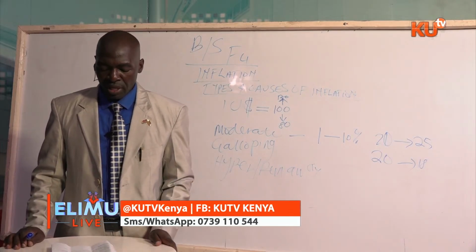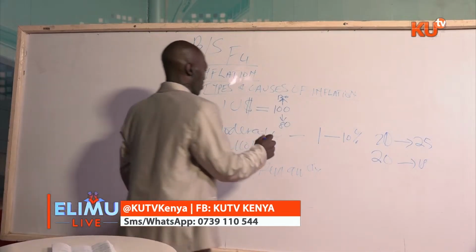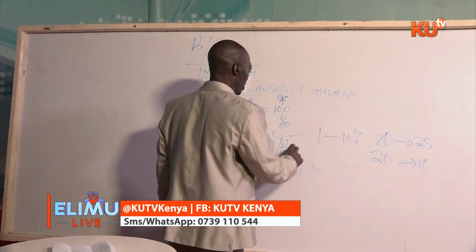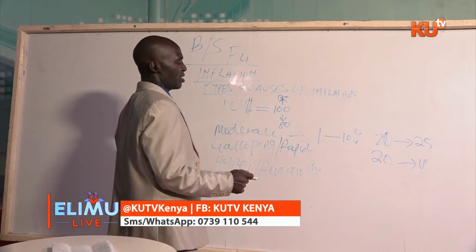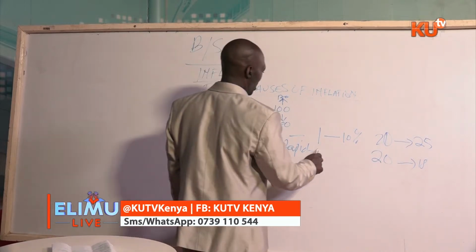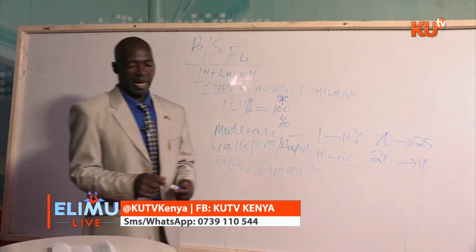Then the second one is galloping, stroke rapid inflation. This one, the percentage rate is between 10 to 100. It is in tens and hundreds.